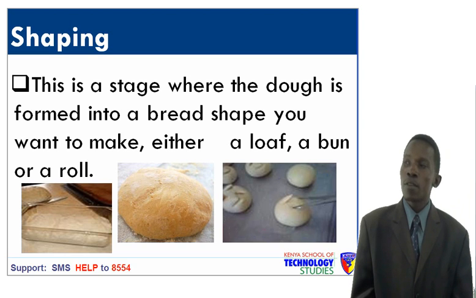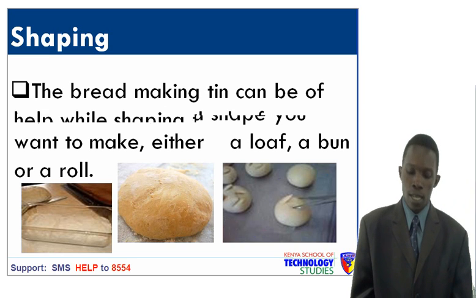You can see in the first picture, we have the bread dough that has been shaped, and then you have the bun and the roll, the one to the right. Those are ready balls that have been shaped to the type of bread that we want to make before we proceed with baking.